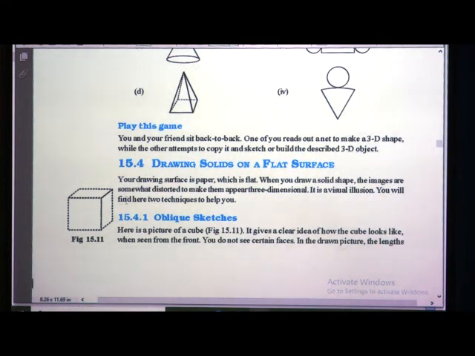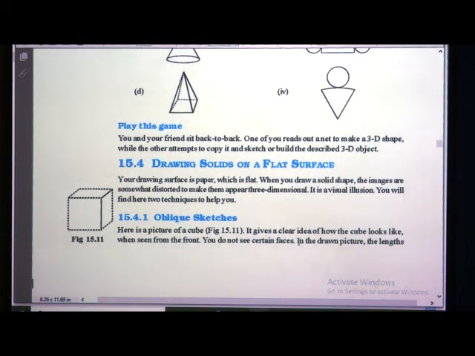You will find here 2 techniques to help you. Here one is oblique sketches. Today we will learn how to draw oblique sketches. Here is a picture of a cube.